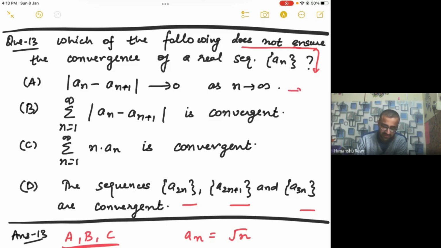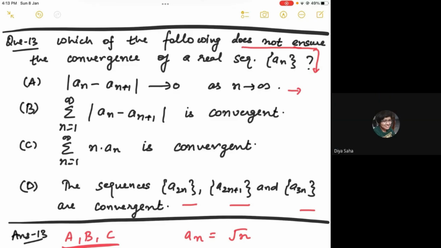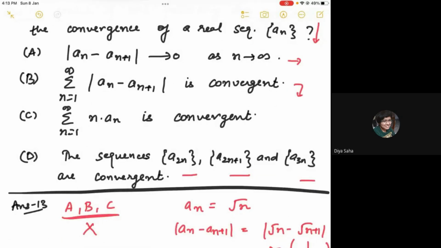So you have seen that in general, this is not a true statement, that modulus of an minus an plus 1 tending to 0. Sir, option B is also not true, because if this series is convergent, then the limit of the term will go to 0 and it will become the same as option A. So it is not true. Okay.